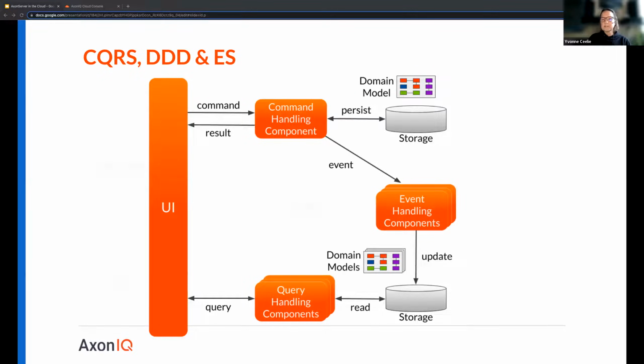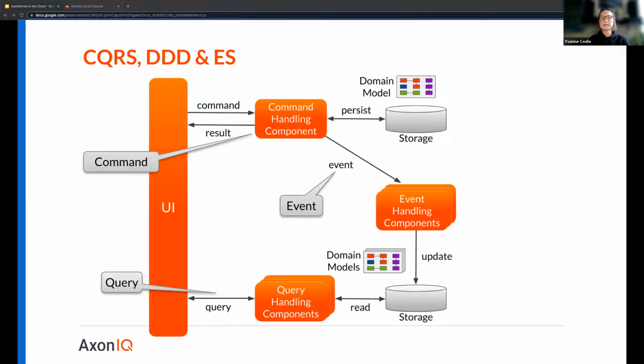So what you can see is that all the messages are coming back in this diagram. You can send a command from the UI and the command will be handled in a command handling component. If the command succeeds and everything is okay, the command handling component will publish an event, and this event will be handled in an event handling component.